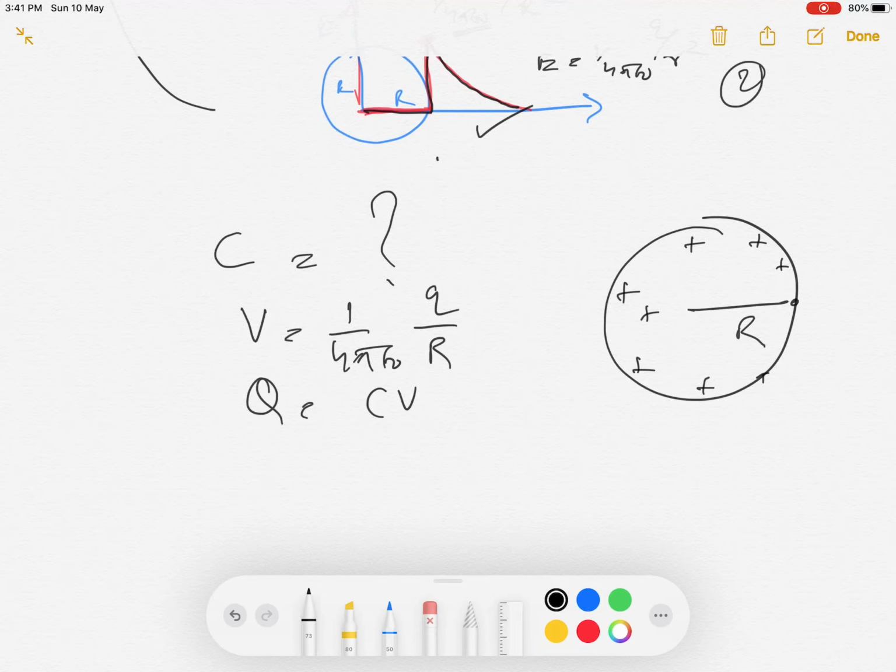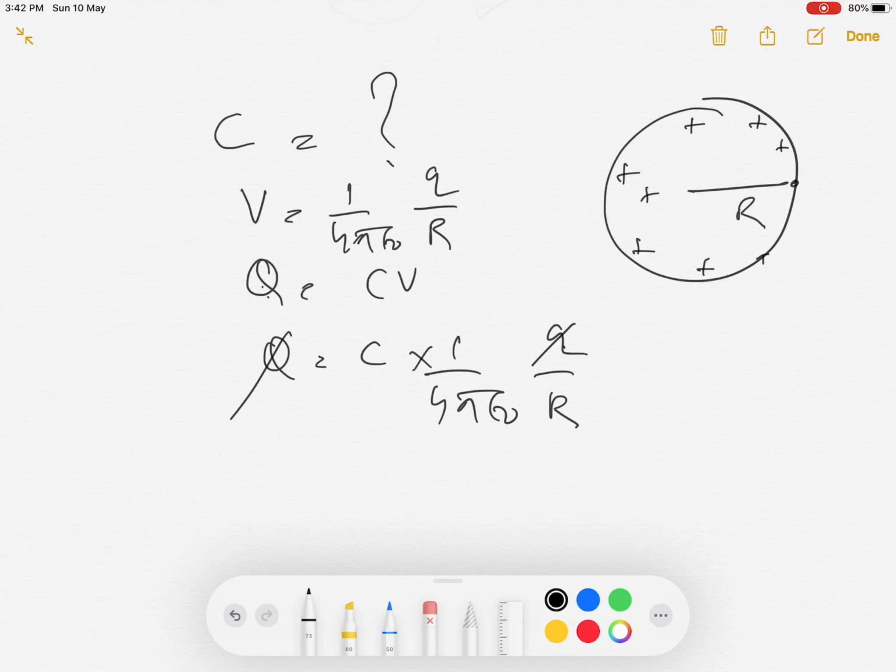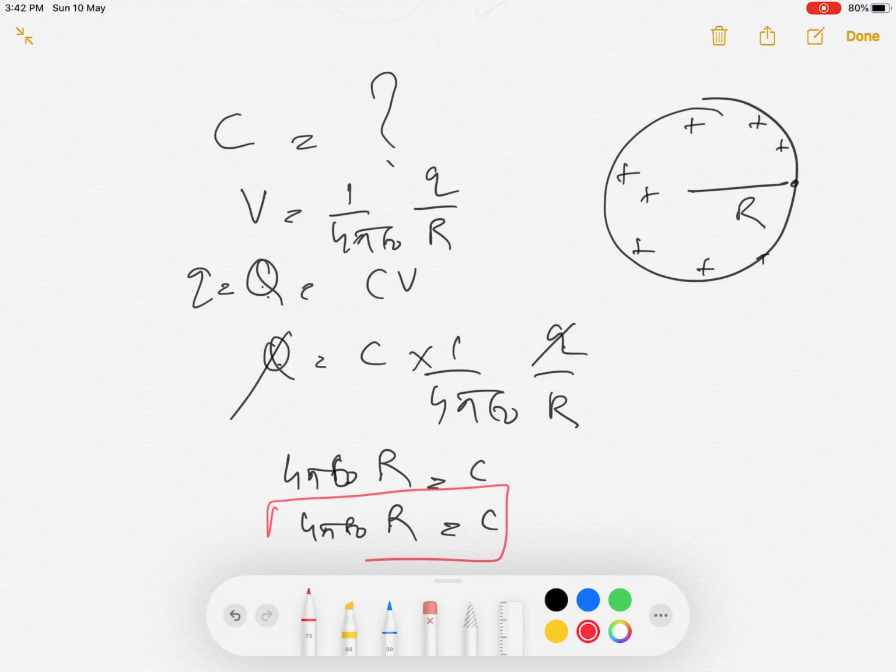Writing the value of V, 1 upon 4 pi epsilon 0 q by r, the charge q and q cancel, and C we get is 4 pi epsilon 0 r. So children, C is equal to 4 pi epsilon 0 r.